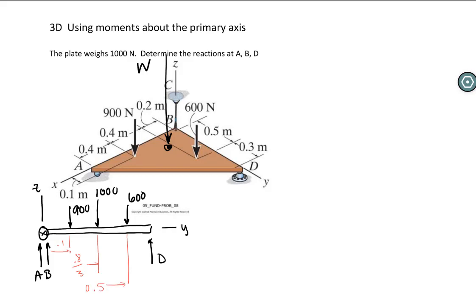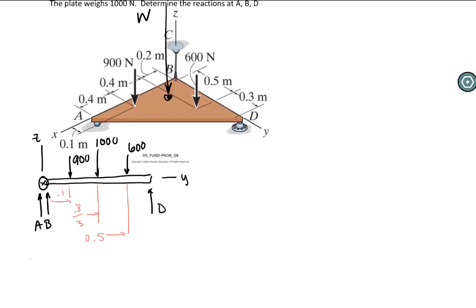Okay, the way we do this is the way we did before. Sum the moments about the axis to try to find out the unknown. So it looks like D would be the unknown in this view. So let's see. Sum of the moments about the x-axis is equal to 0.